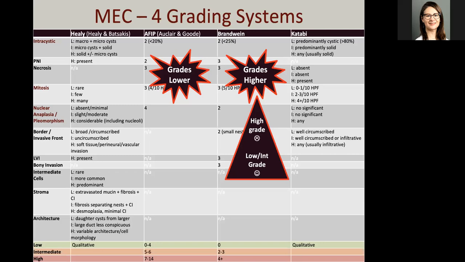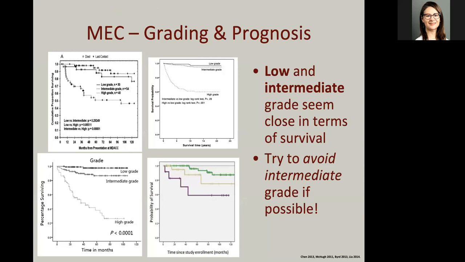So I know you guys don't know what to do. No one knows what to do when I say this is intermediate grade. Well, do I treat it like a low or do I treat it like a high? I think we've been pretty comfortable that if it scores intermediate in the Brandwein, it's probably okay to consider it relatively low grade, because in many studies, including ours, the low and intermediate grade tended to cluster together biologically.